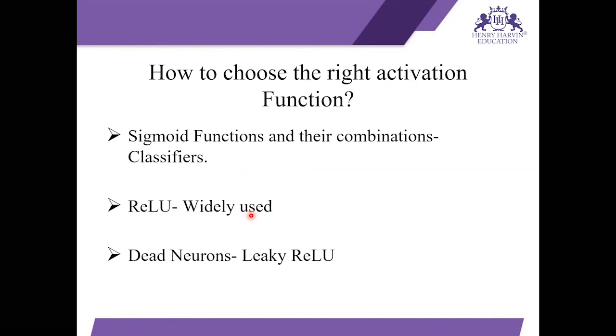But if you encounter dead neurons in your network, then leaky ReLU will be the ideal choice. Always keep in mind that the ReLU function should only be used in the hidden layers. As a rule of thumb, you can begin with the ReLU function and then move to other activation functions in case ReLU does not provide optimum results. Hope you have a clear understanding of the activation functions.